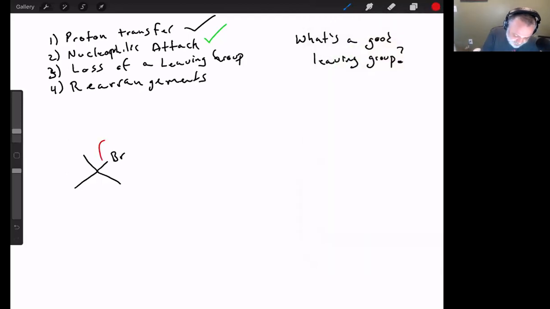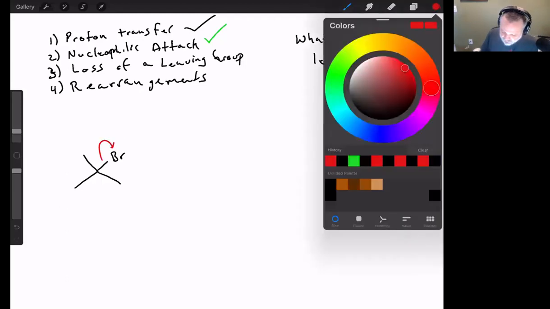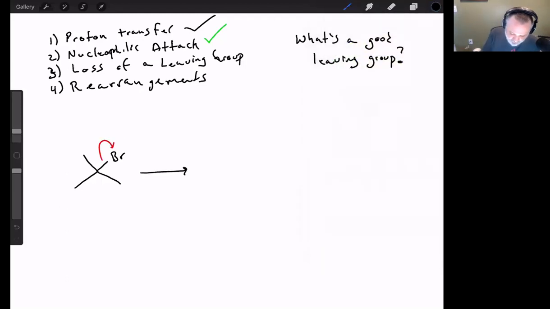But in its simplest form, we can show that a leaving group involves something leaving a molecule and taking its electrons with it. So in the simplest example, we can talk about how something like bromine could leave a molecule and form bromide, a negative ion, and a positive carbocation.